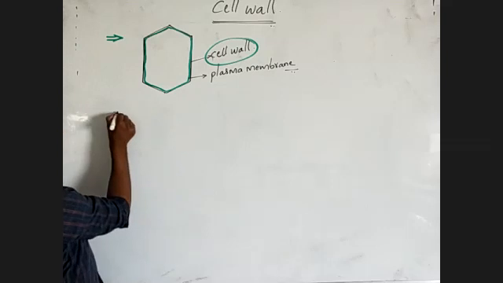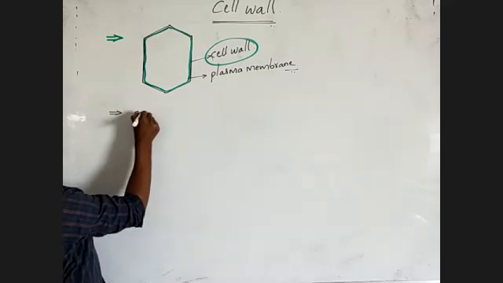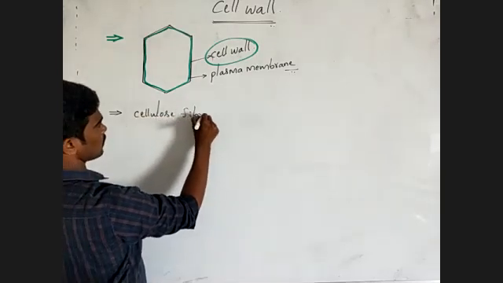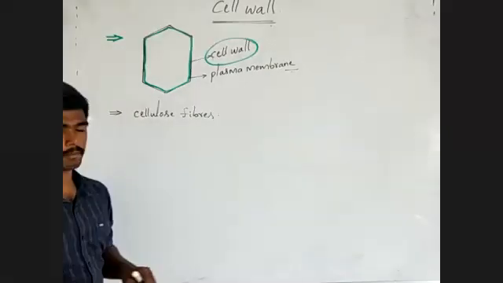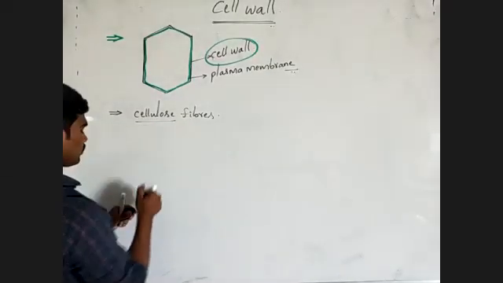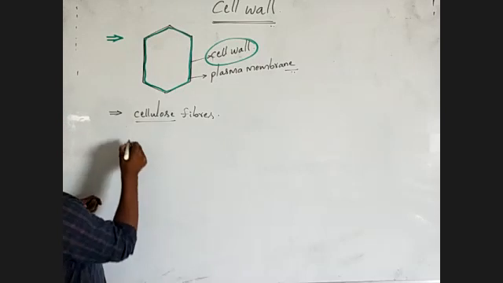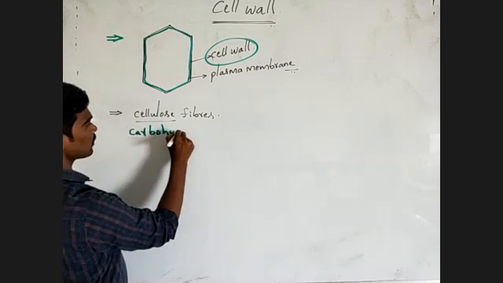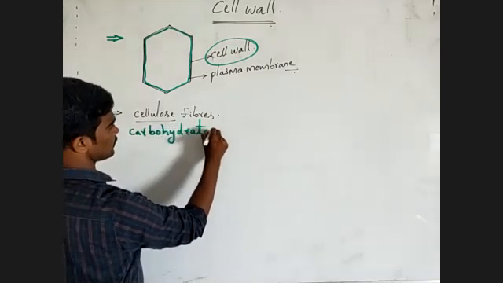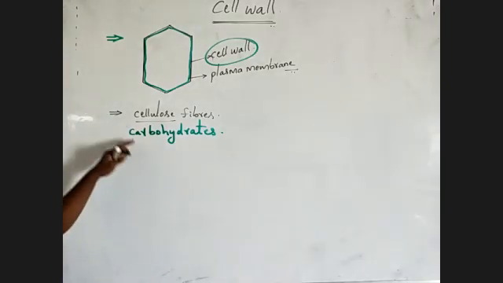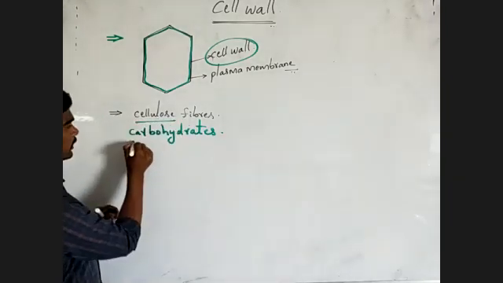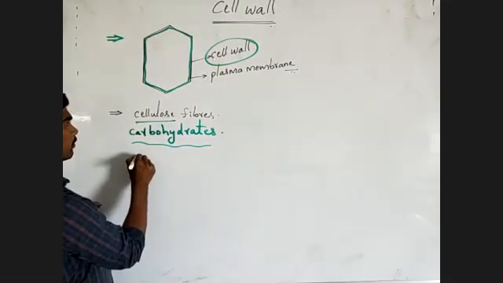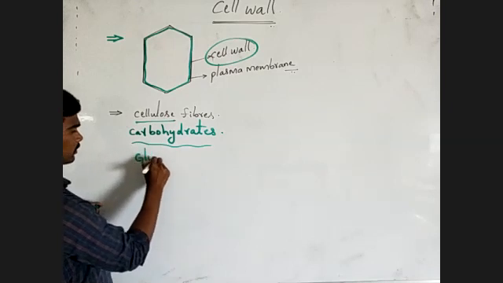The cell wall is made up of cellulose fibers. Cellulose, you know, is one type of carbohydrate. This cellulose is made up of glucose monomers.